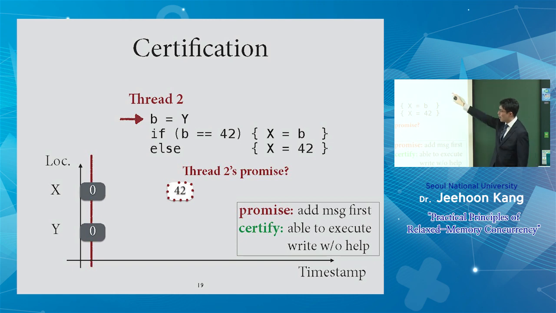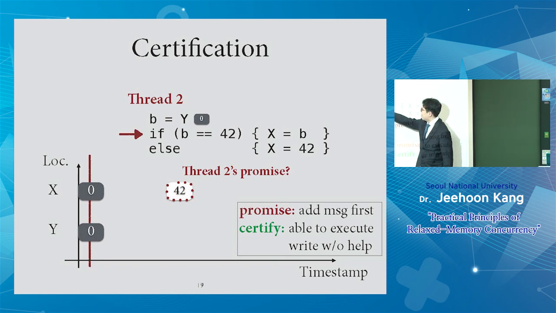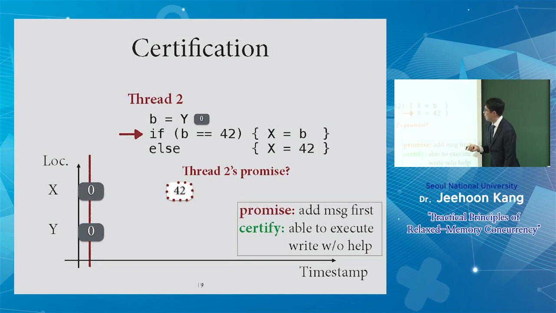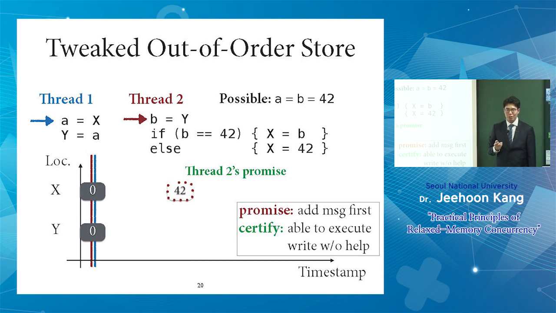You have to certify that you alone, in thread 2 alone, can write 42 to X. It can read Y from 0, and then go to the else branch, and then execute the write instruction. That's basically why this promise is certified. Now let's go back to the normal execution.